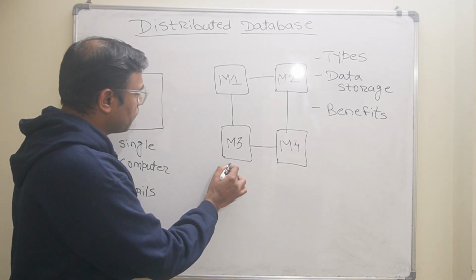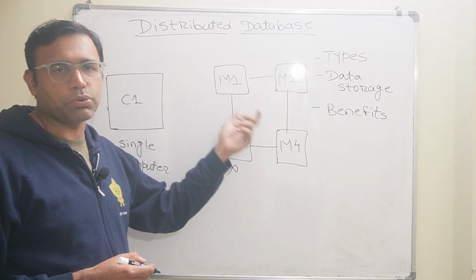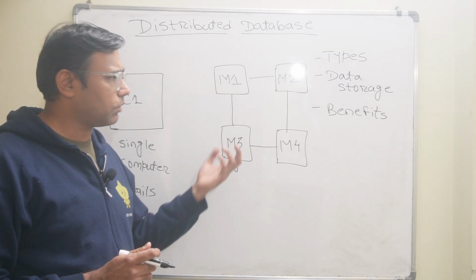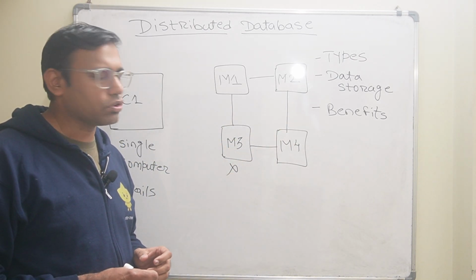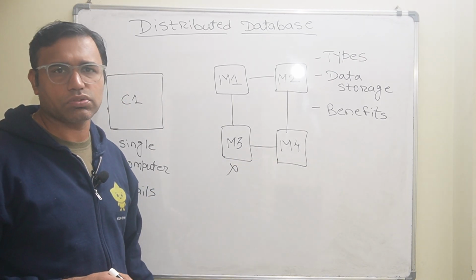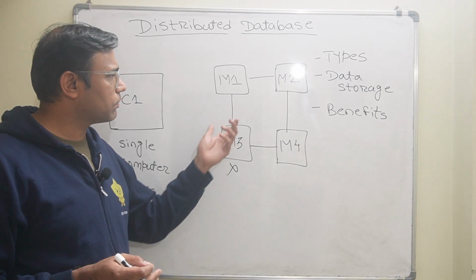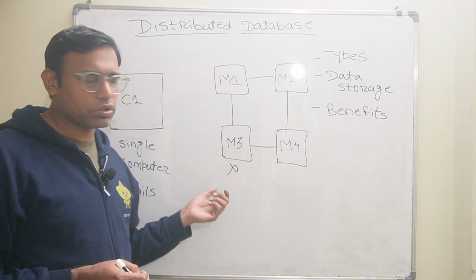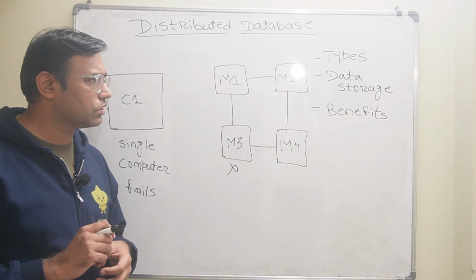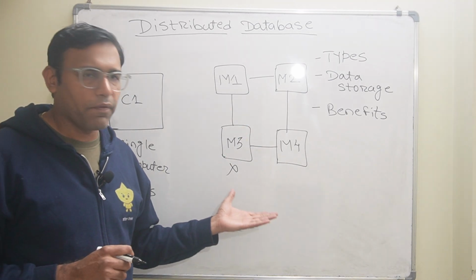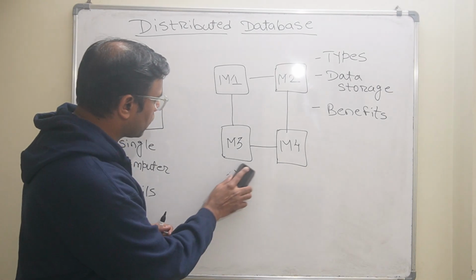Now if any of the machines fails, then the data can be taken from another computer. So you can create a replica of the data among the machines. So this is nothing but a distributed database. In a distributed database, the data is distributed among multiple computers. So instead of using one computer, it is distributed on multiple computers. And this is the concept of distributed database.